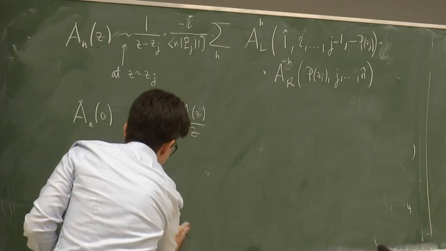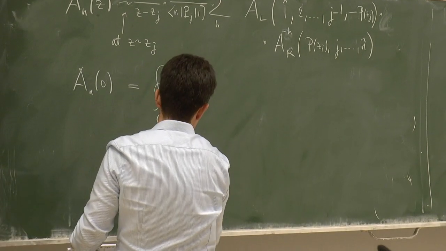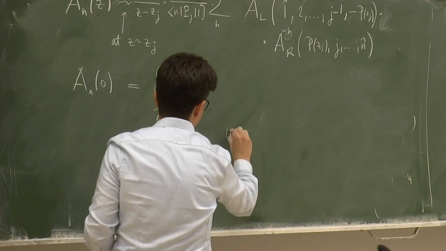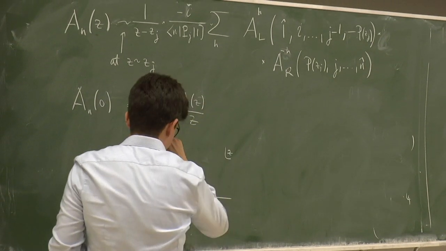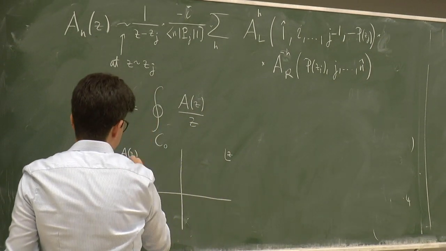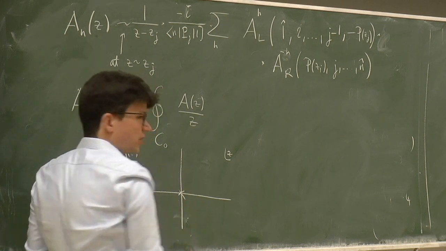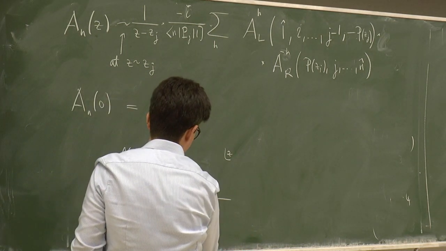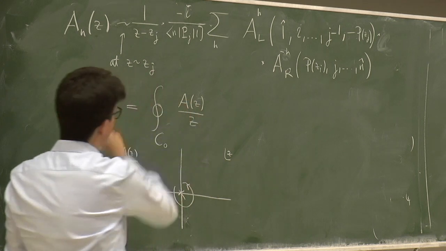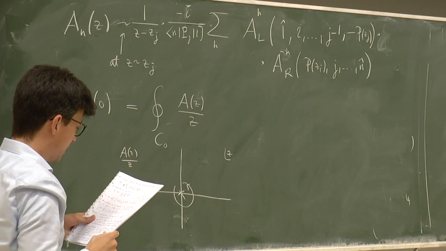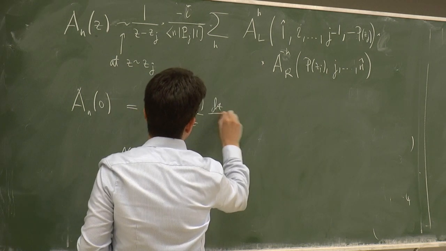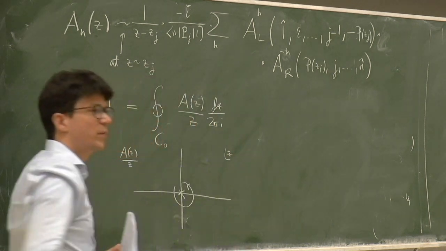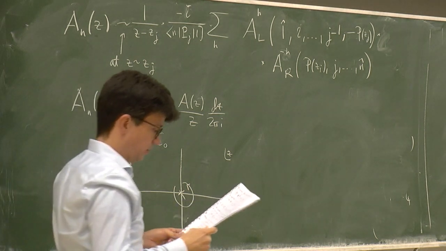The picture for that is just that we have our complex plane, and by considering A(z) over z, we have a pole at the origin, and we just take the contour integral, and this way we reproduce A0. And if you wish, just to be exact, with some 2 pi i here, so everything is good.